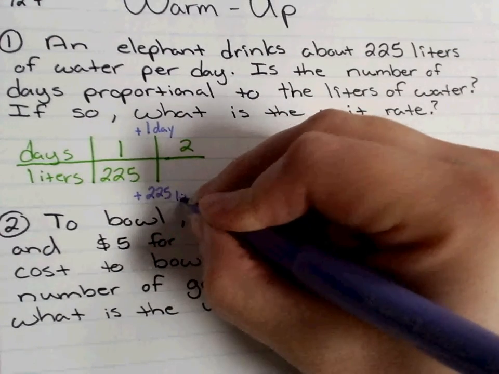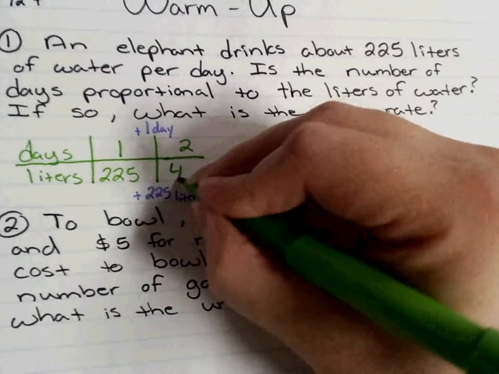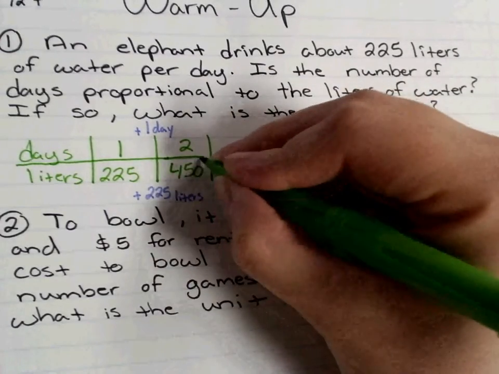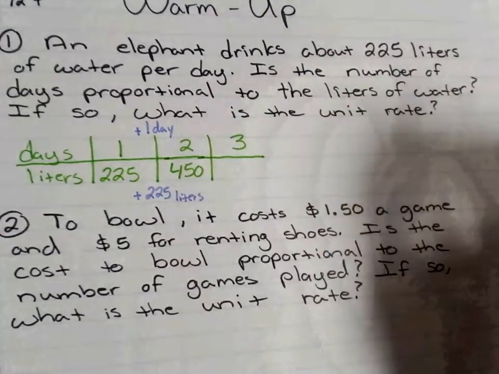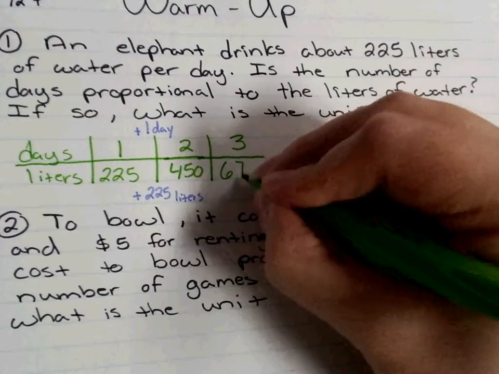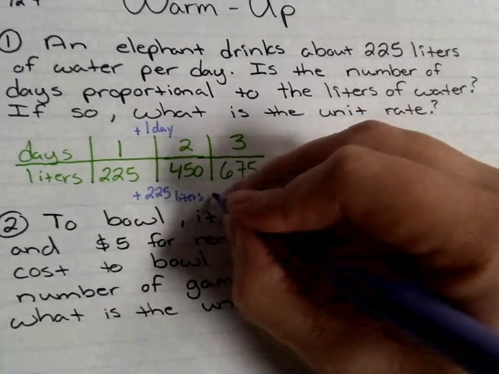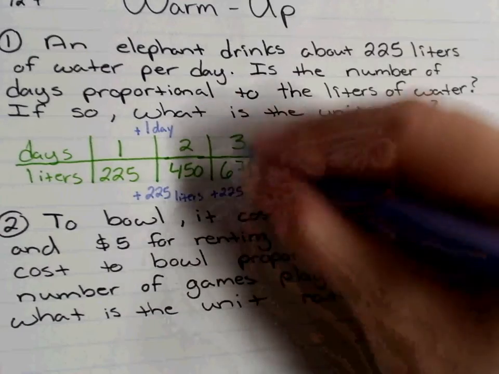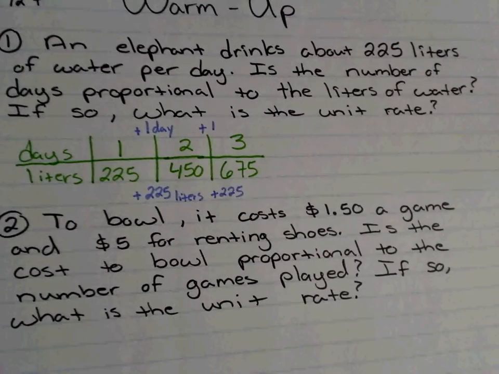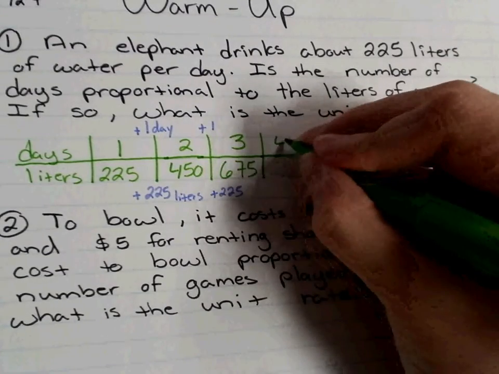So that brings me to how many liters? 450. Okay, if I go to 3 days, 675. Right? You're increasing by another 225. So every day I'm just adding another 225. Okay, I'll do one more. If we go to 4 days, it's going to go up to 900.